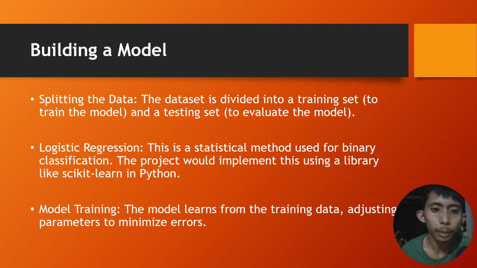So, building a model for this breast cancer dataset involves choosing the most appropriate algorithm to distinguish between malignant and benign tumors. This model estimates the probability that a given input point belongs to a particular class by fitting a linear decision boundary.